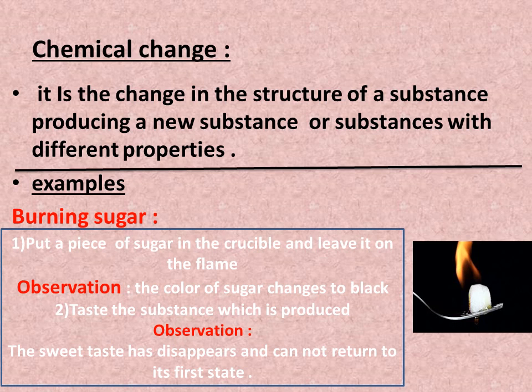So burning sugar is a chemical change. Why? Because it's the change in the shape and the structure which gives a new substance or substances with different properties. We notice that the sugar was sweet and the new substance lost its sweet taste. So burning sugar is a chemical change.